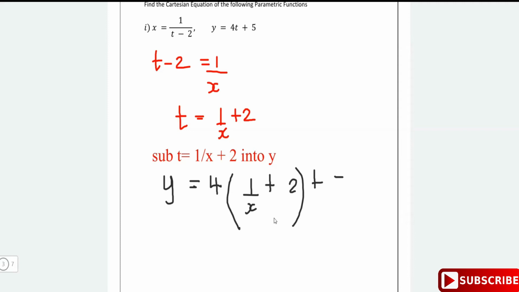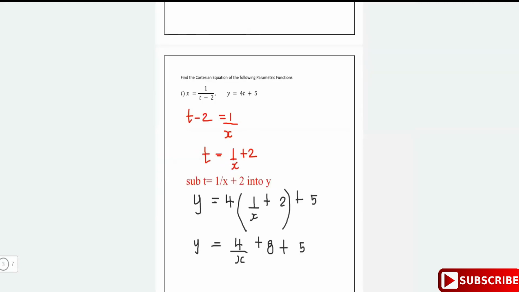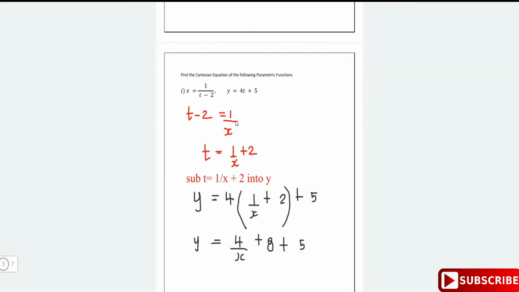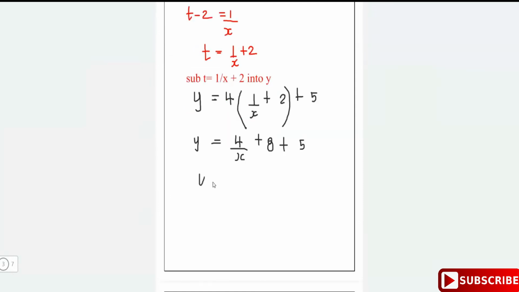So what we get for y is 4 over x, and then we have 4 times 2, that is 8, so plus 8 plus 5. But 8 plus 5 is 13. So in reality, y works out to be 4 over x plus 13.